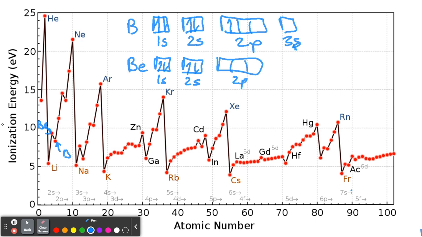So it was easier to remove this electron than it was to remove this paired electron in a full orbital. That's why beryllium has a higher ionization energy than boron.